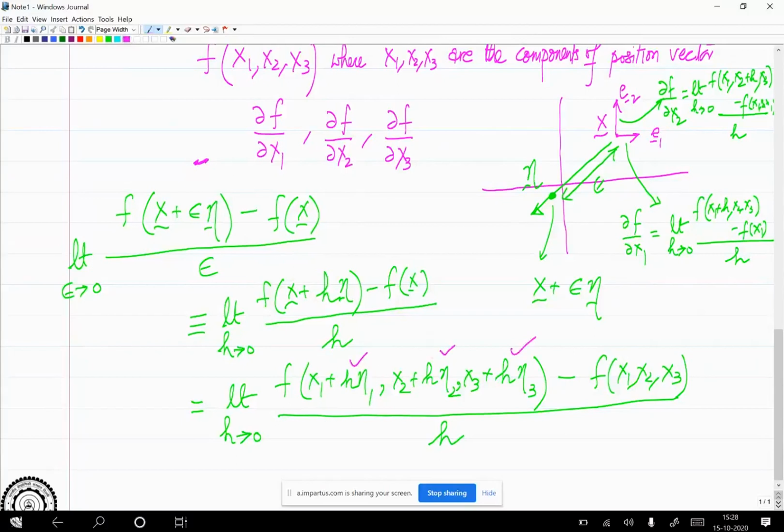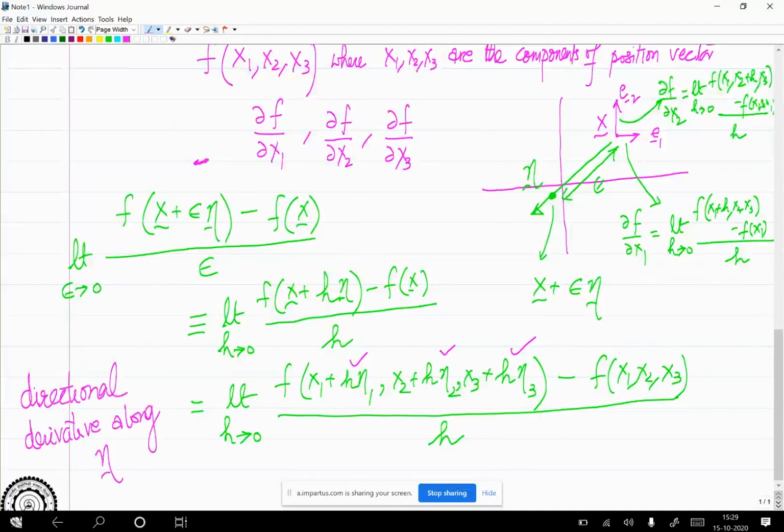They change in a particular ratio, which is given by the components of eta: eta 1, eta 2, eta 3. This is also called the directional derivative along eta.